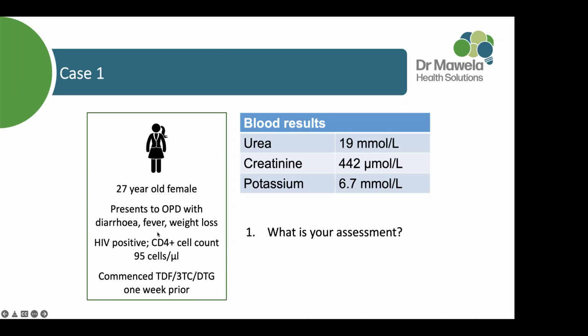In your initial assessment of this patient, what type of kidney injury do you think she has? Does she have acute renal failure? Is this chronic renal failure? It's also possible that you are not sure, but what is your view or your initial assessment of this patient?